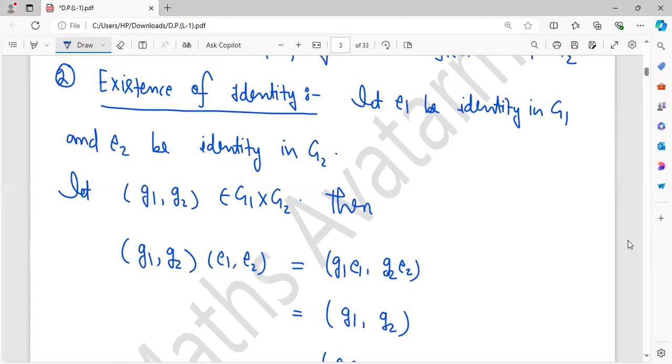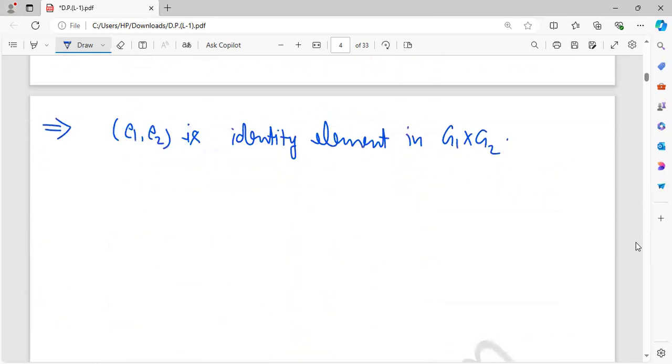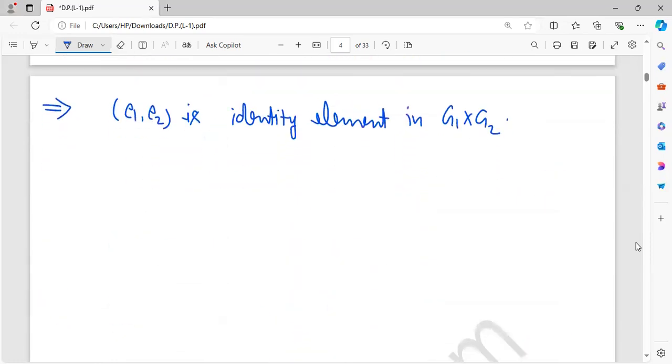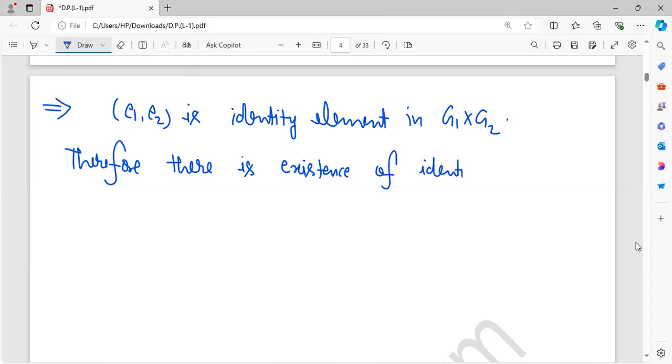So you can write then (e1, e2) belongs to G1 cross G2 because e1 belongs to capital G1 and e2 belongs to capital G2. Okay. So existence of identity is proved. So I would like to write a line: therefore there is existence of identity in G1 cross G2. Okay.